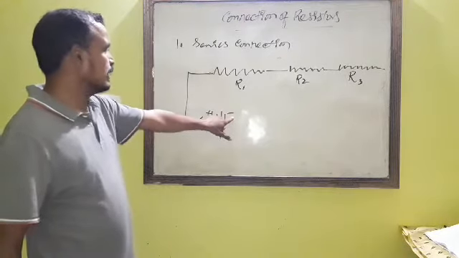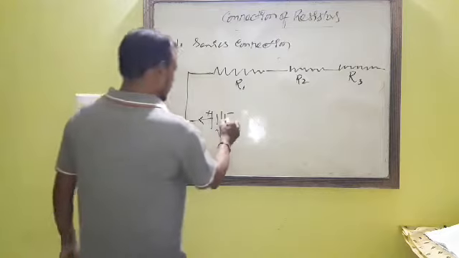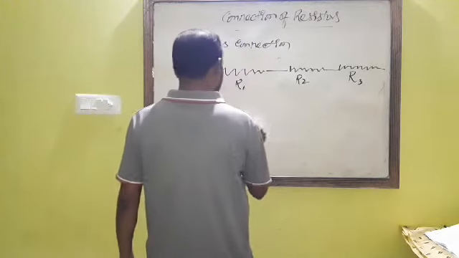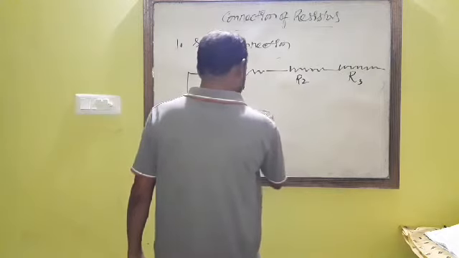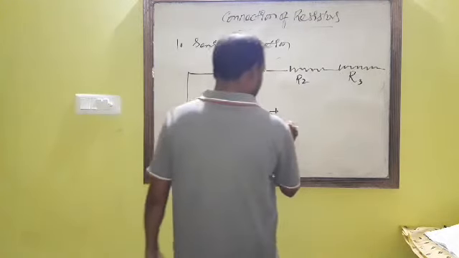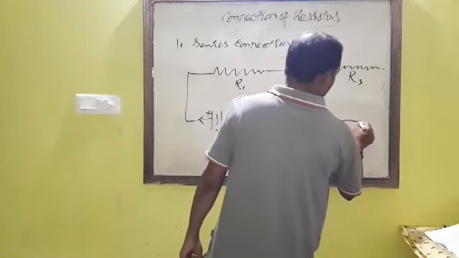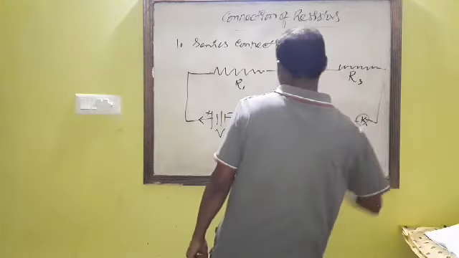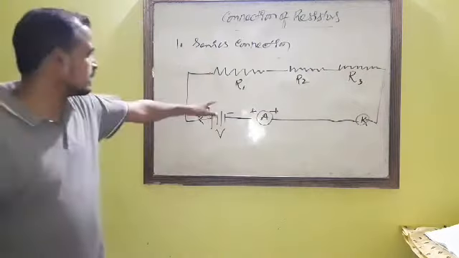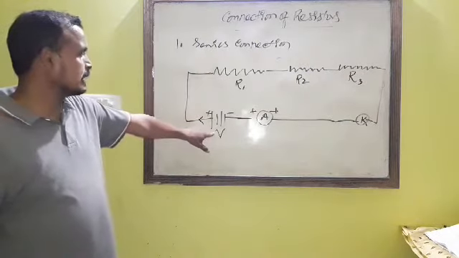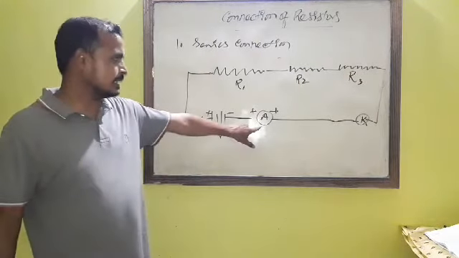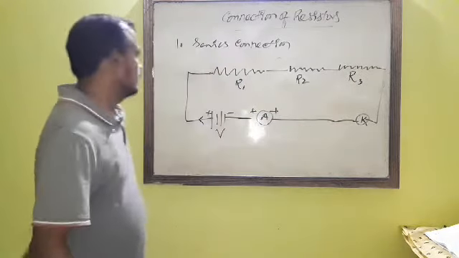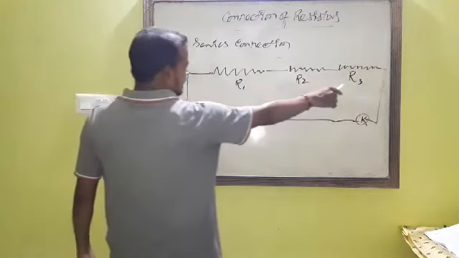Electrons are attracted from negative terminal to positive terminal, but electricity flows from positive terminal to negative terminal. So this circuit has potential difference V. This is the ammeter, it will read the current, and this is the key. So three resistors are connected in series.